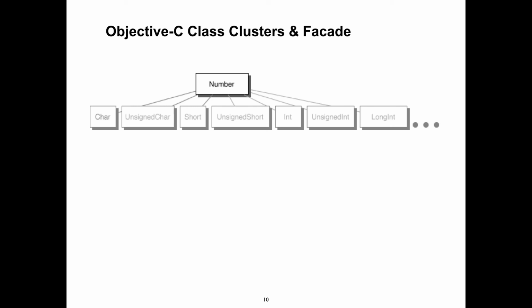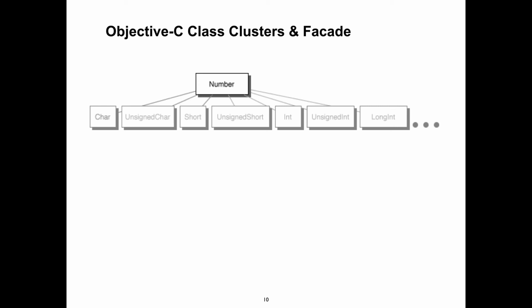I don't know if it's a good example. In Objective-C, they call them class clusters. So like number, right? They have all the standard types as classes. I mean, int and long int and short int.